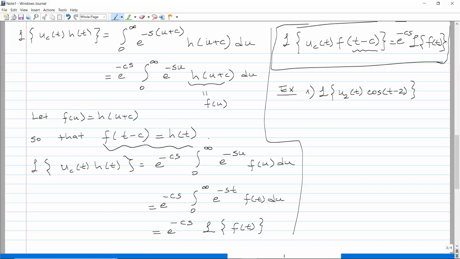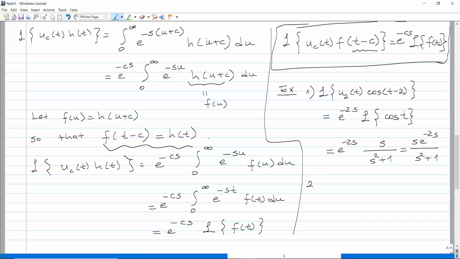All right, so this is going to be, c is 2, so e to the minus 2s times the Laplace transform of cosine t. And we know that the Laplace transform of cosine t is s over s squared plus 1. Okay, so s e to the minus 2s divided by s squared plus 1.